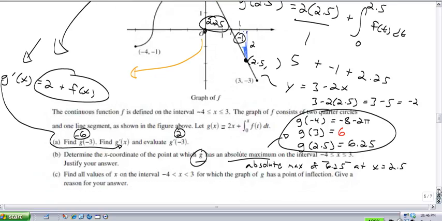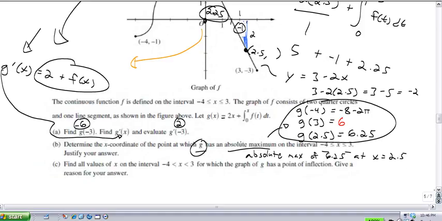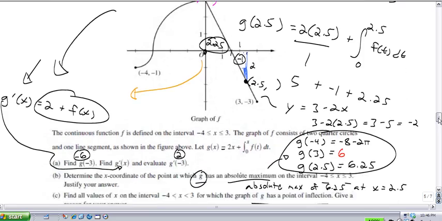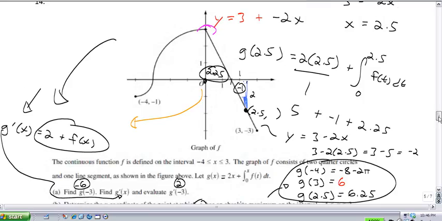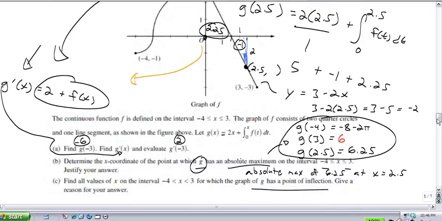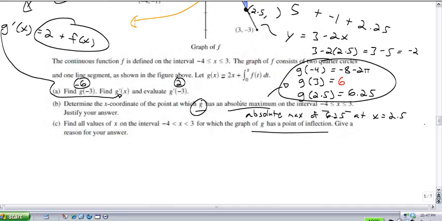Okay, we're so close. So now we need to know when G has an inflection point. Well, a couple ways you can go about that. Inflection points deal with change in concavity, right? Generally we look for mins and maxes of the first derivative, or where your second derivative crosses the x-axis.